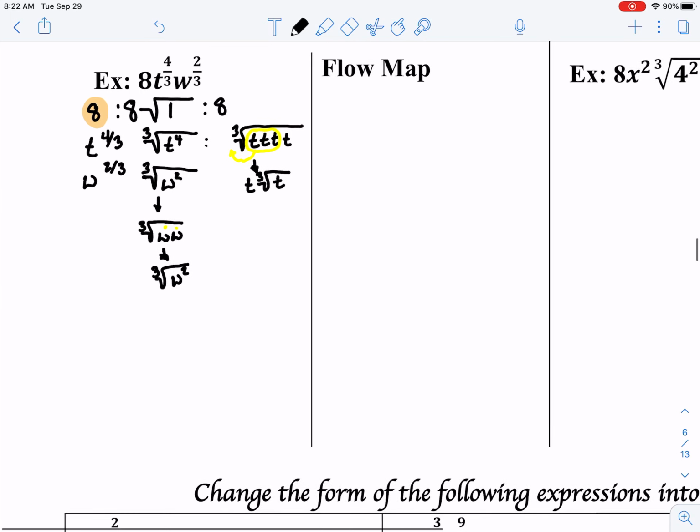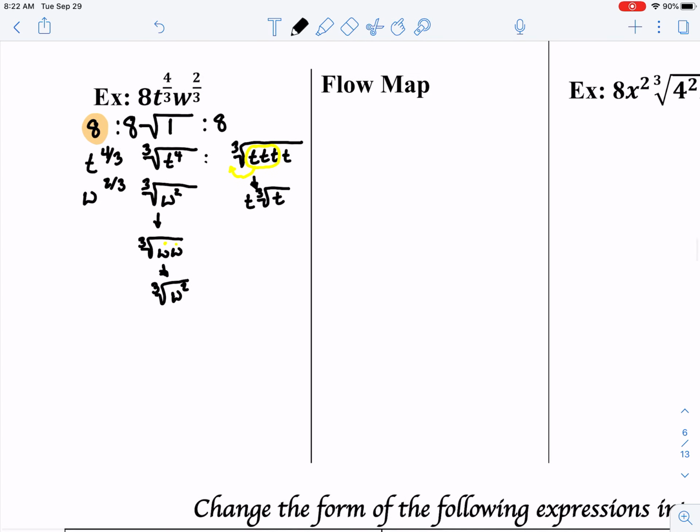All right. From there, you just put all of this stuff together. If your exponents have the same denominator, more times than not, they will. So we're going to have 8 times t, cube root of t times the cube root of w squared.